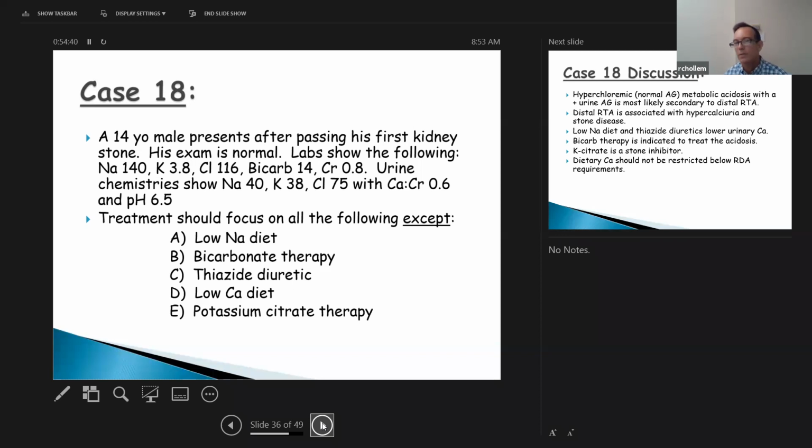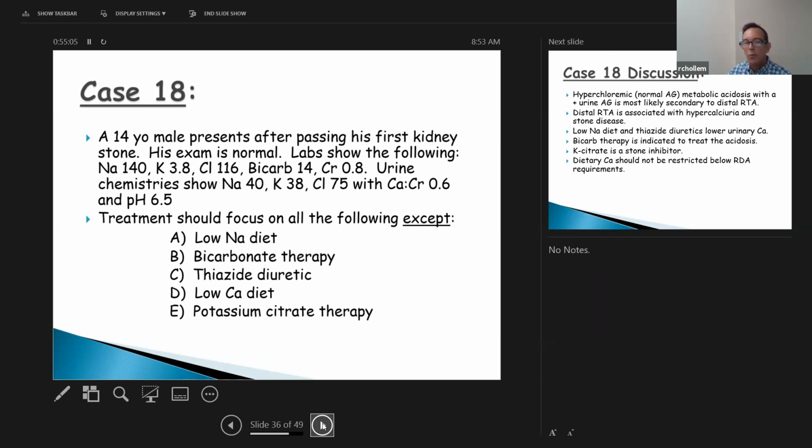And this is another one of those questions that's layers. So you kind of would back up and say, well, what is my diagnosis here? It definitely is hypercalciuria, but what else, Dalton? Right.